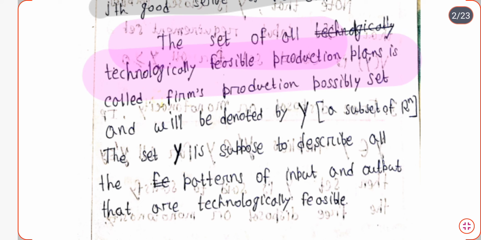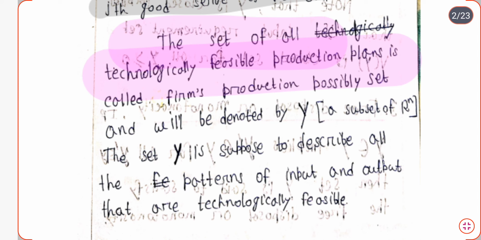Similarly, a production plan can be with 20,000 capital and 2 labor, or 30,000 rupees of capital and 50% of labor. All of these are different production plans, but which of them are feasible? That means which of the production plans are technologically achievable.